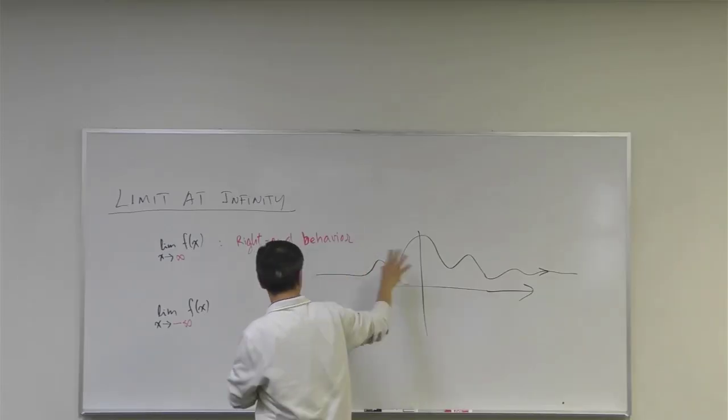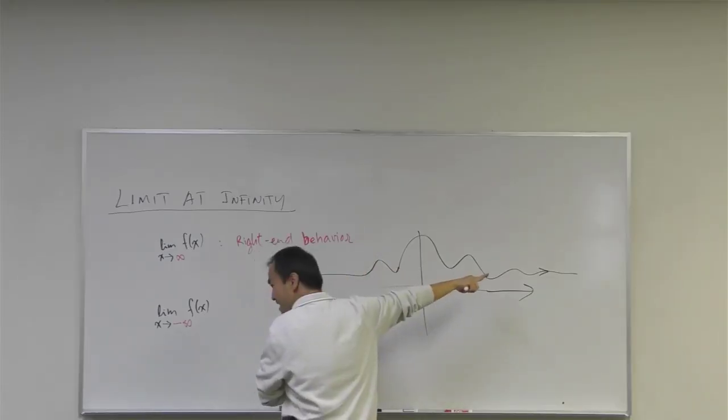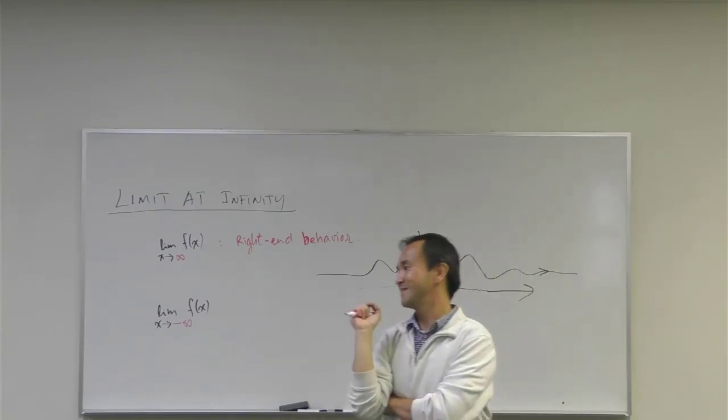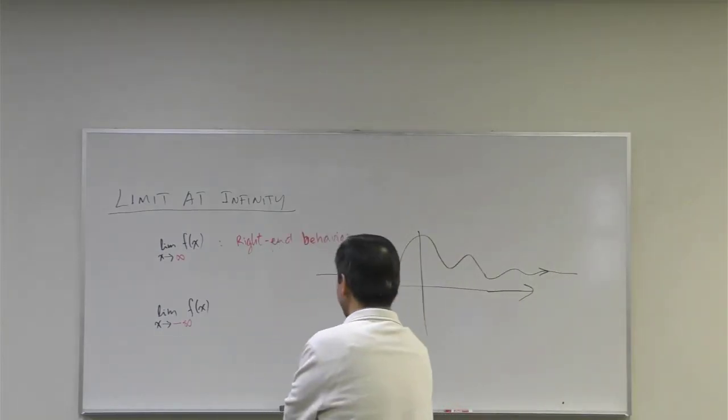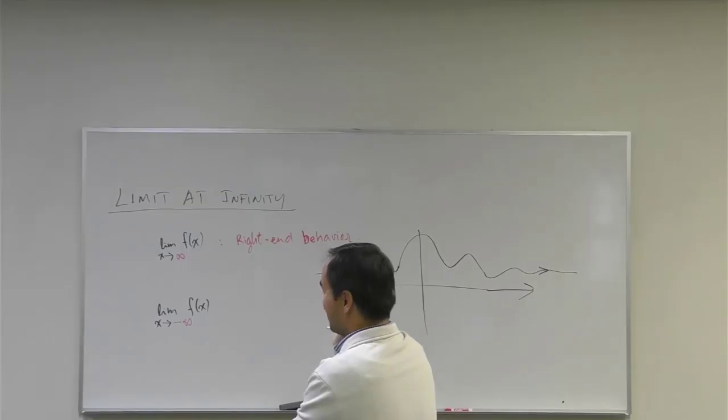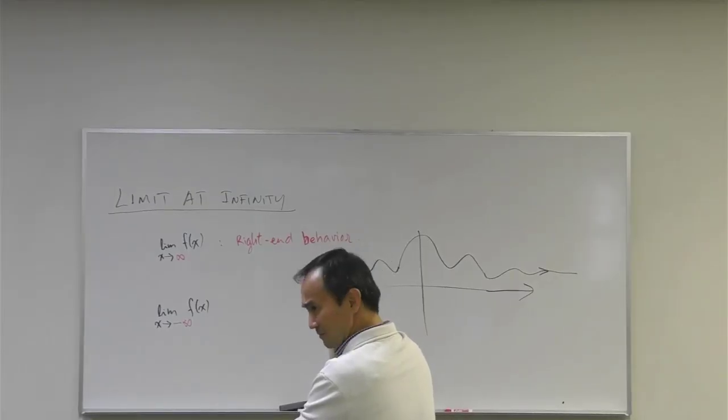The behavior as your graph keeps advancing toward the right hand, infinitely far to the right hand. So people a lot of times consider that as the right-hand behavior of your function, when we're speaking in terms of the graphical interpretation of your graph.